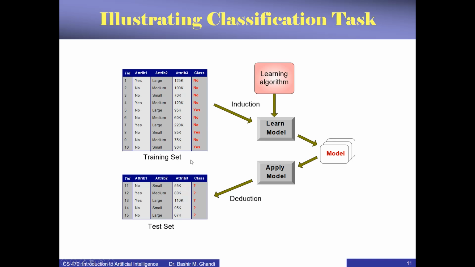This is how it is normally done. You group your data records into two, and usually the training set should be larger, in the ratio, for example, of 70 to 30 or even 80 to 20 percent. So you train your classifier using the training set, and then you test it using the test set.